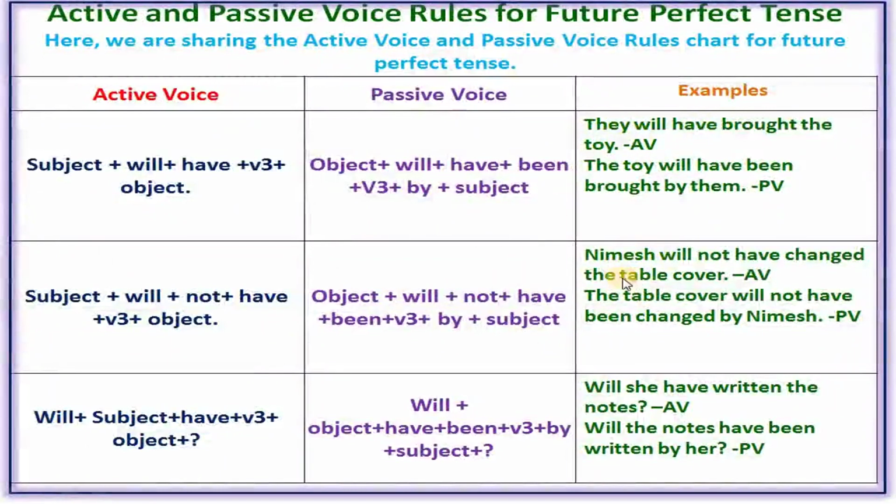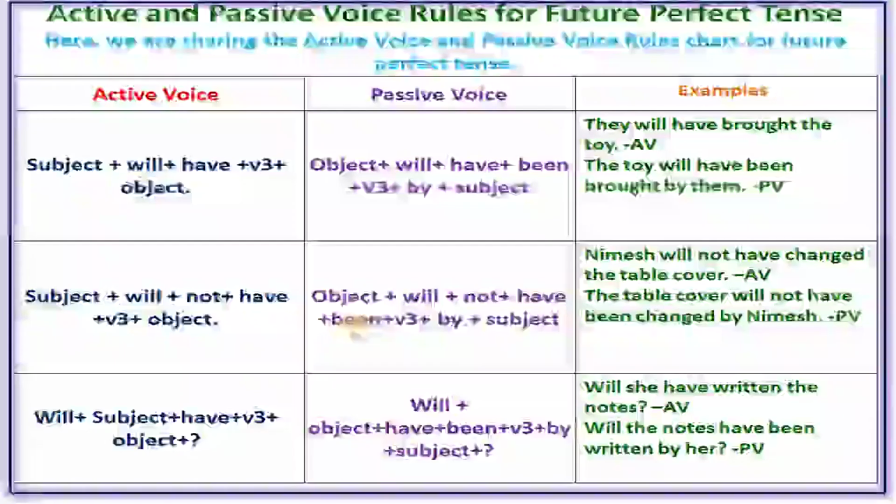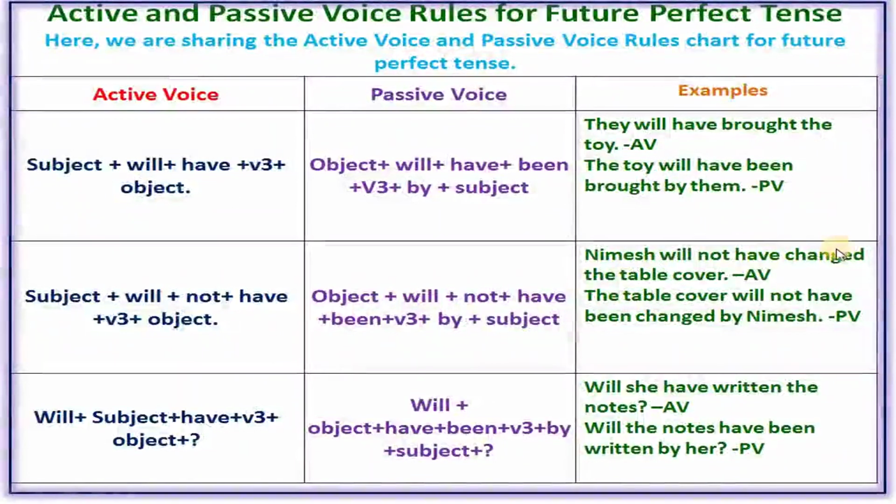Next is negation, the same according to this formula. Active voice: "Nimesh will not have changed the table cover." Here Nimesh is the subject, changed is the verb and the table cover is the object. So, the passive negation is "The table cover will not have been changed by Nimesh."